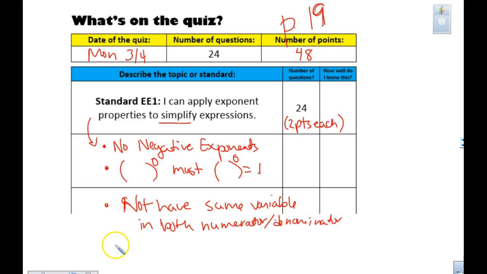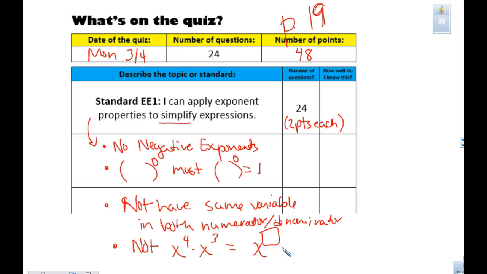Or you can't have something like x to the 4th times x to the 3rd, right? Because that can be simplified. You can add those. So when you simplify, I can only have one x to an exponent. If I have x's and y's in the numerator and denominator multiplied by each other, that's not in simplest form. So these are going to be the key things, and from those rules that we just went over, that's what you want to study and go over.